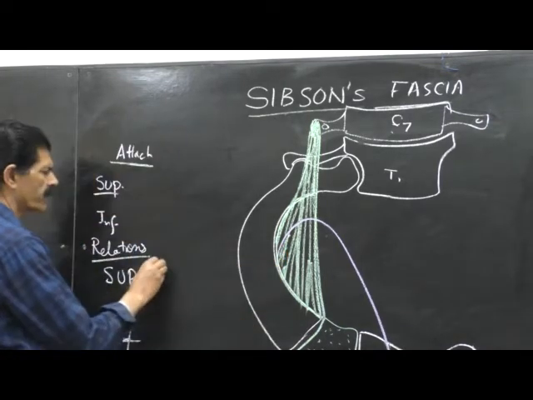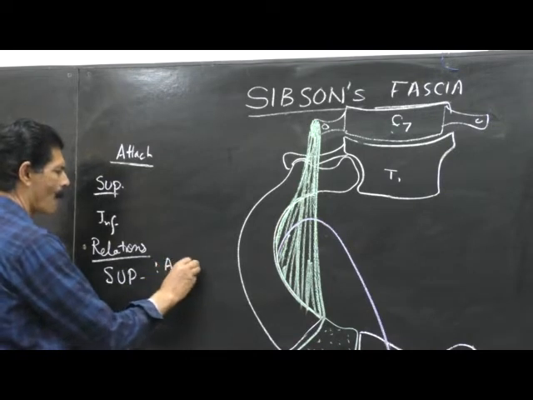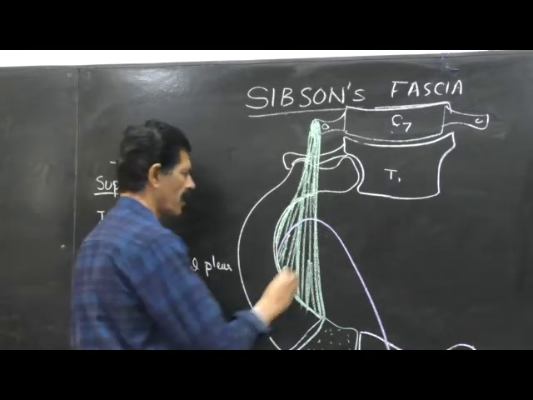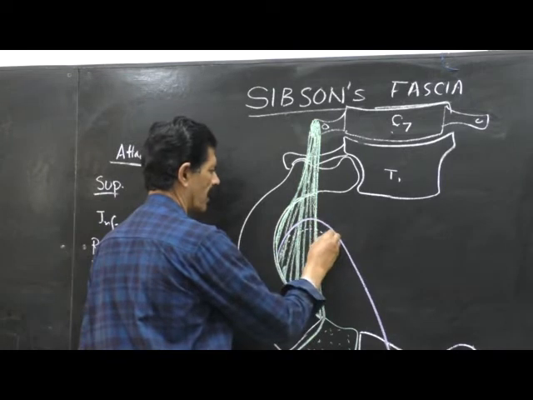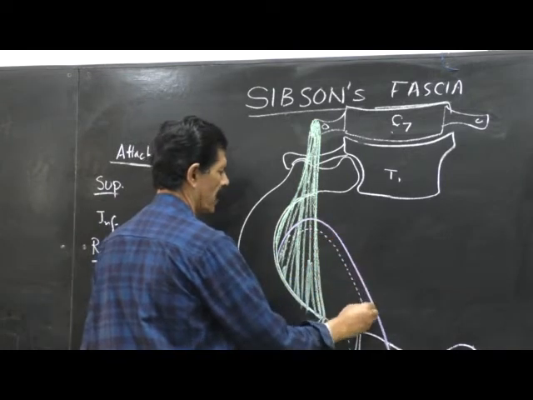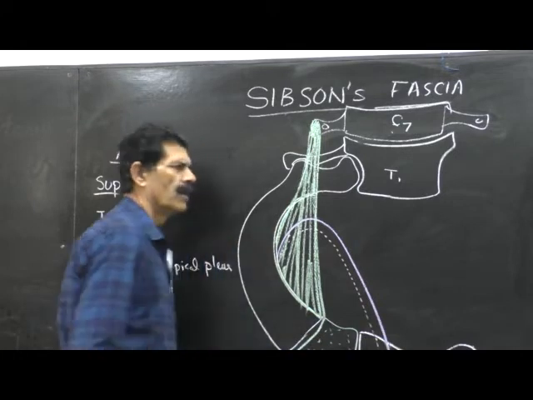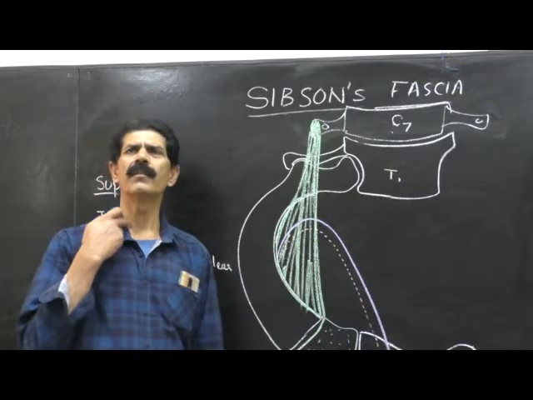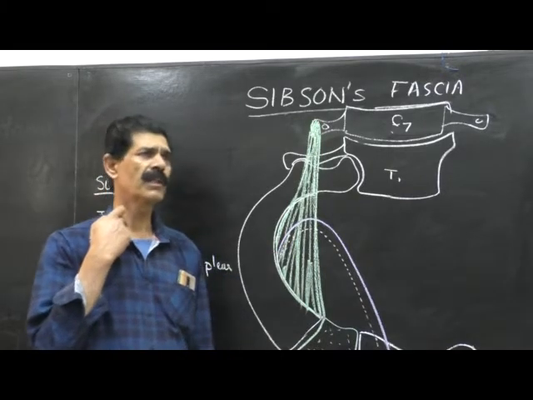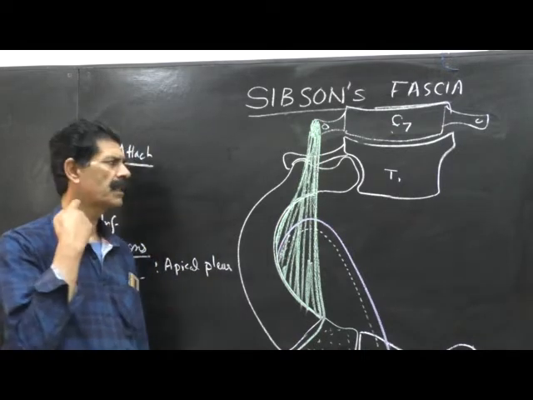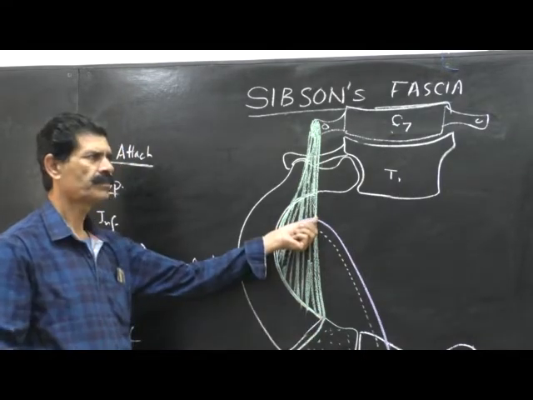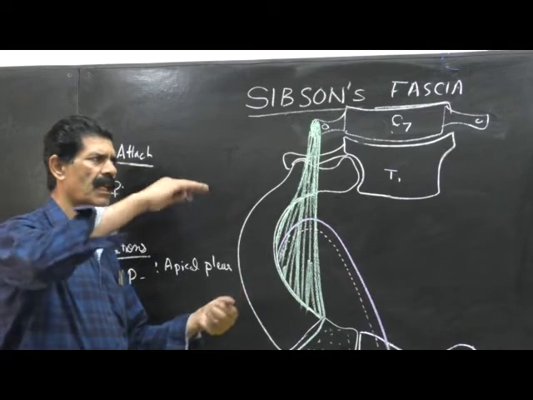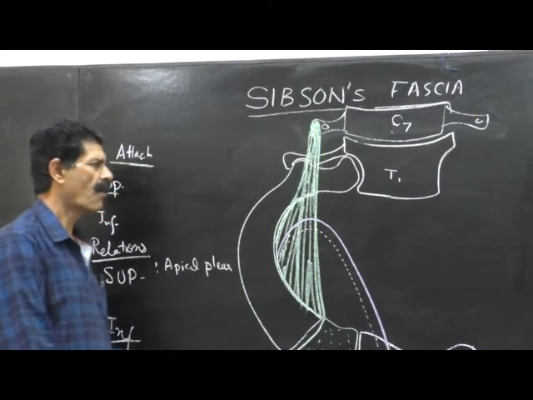So in the inferior region, first of all comes the apical pleura. And just below the apical pleura lies the apex of the lung, covered by the visceral pleura. The apex of the lung lies 1 inch above the medial end of the clavicle or the first rib. So just below this fascia lies the apex of the lung.